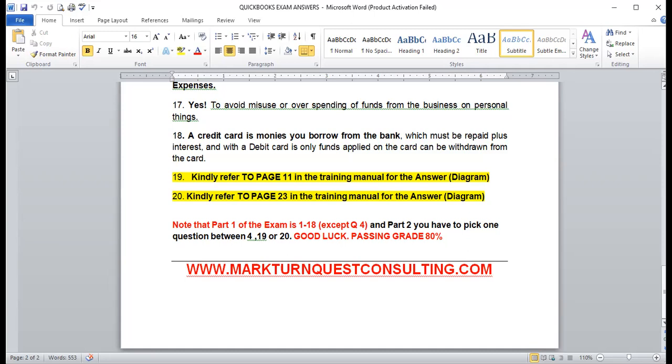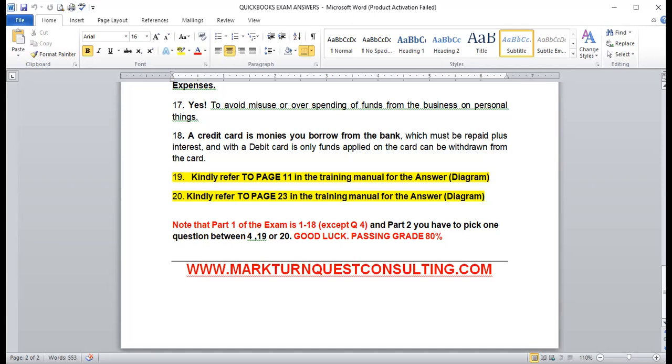Okay. Make a note that the exam is divided up into 2 categories. The first section is question 1 to 18, except question number 4.